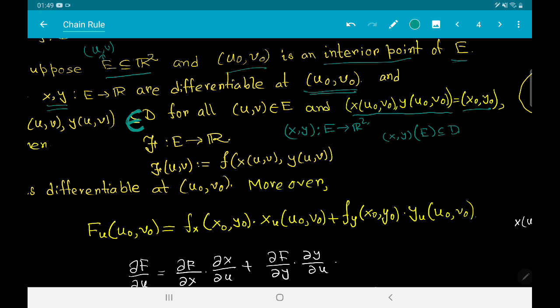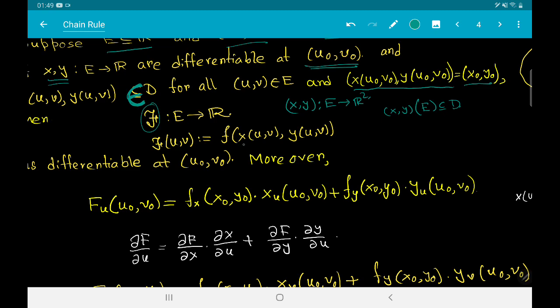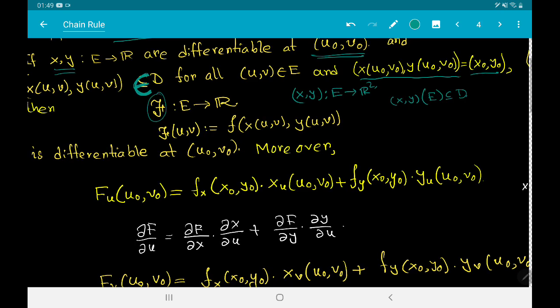So we are going to construct a function, let me say script f, from E to R. What is script f? Script f of (u, v) is f of (x(u,v), y(u,v)), and we are going to say that this function is differentiable at (u0, v0).